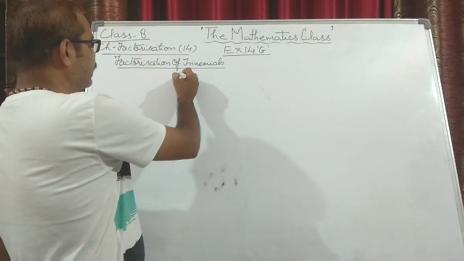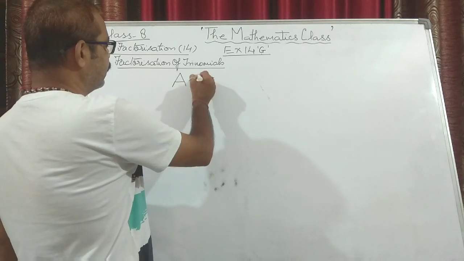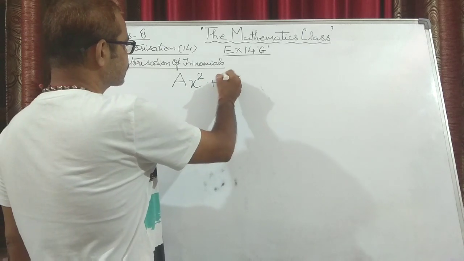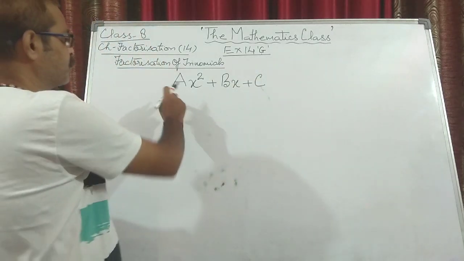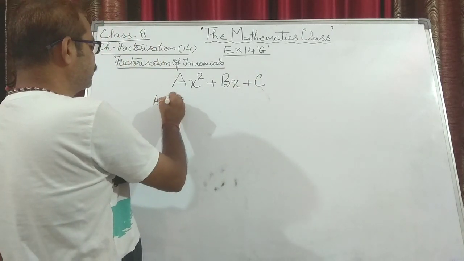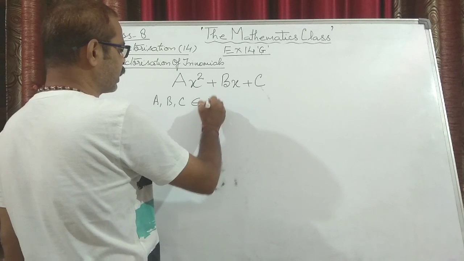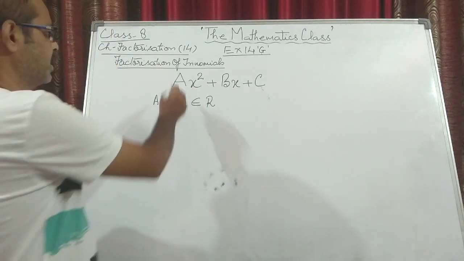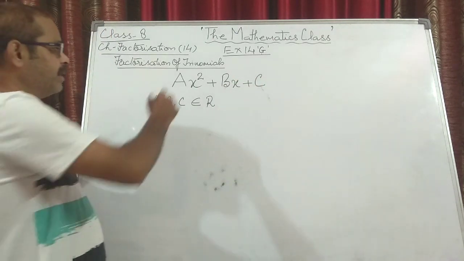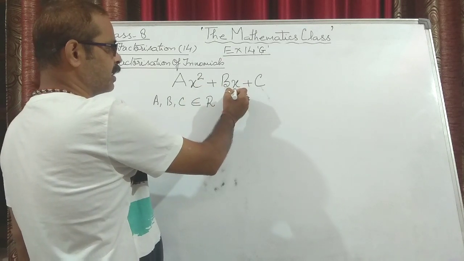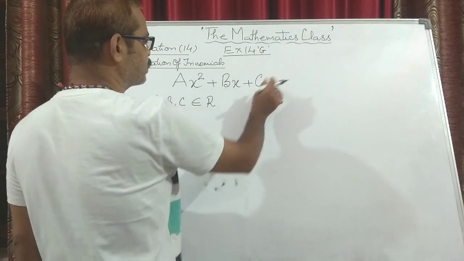If you find any polynomial in the form of ax square plus bx plus c, this is a trinomial where a, b and c are real numbers, and x square, x to the power 1 and x to the power 0. Something to the power 0 is 1, so 1 into c is c.